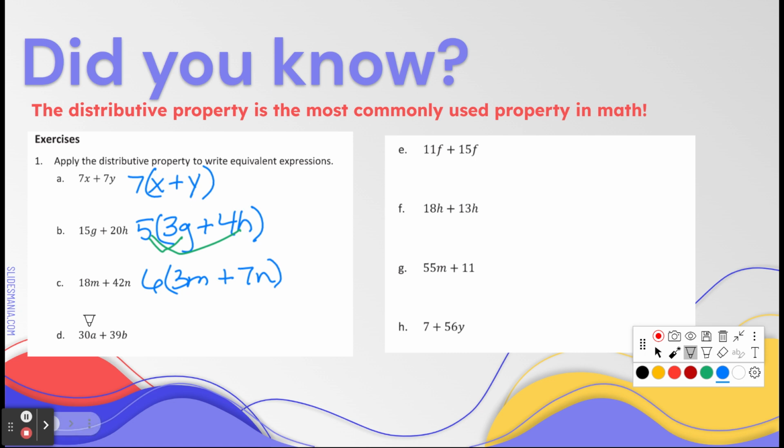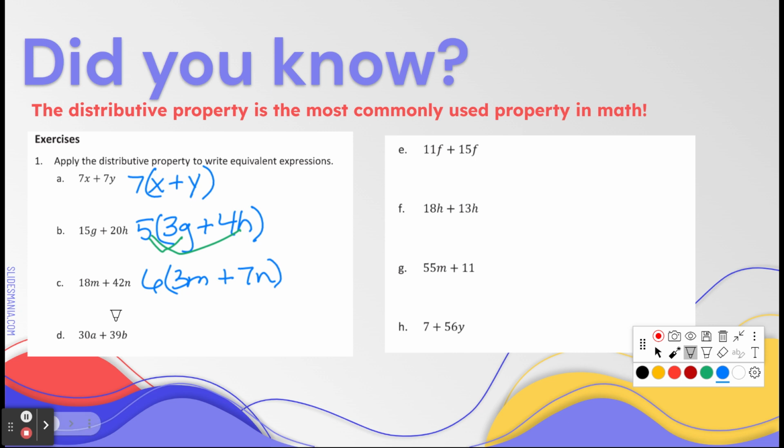Now we have 30a and 39b. Well, 30, we have a lot. We have 1 and 30, 2 and 15, 3 and 10, and 5 and 6. Now you can use your divisibility rules for 39 because it's not a basic fact. 3 plus 9 is 12.